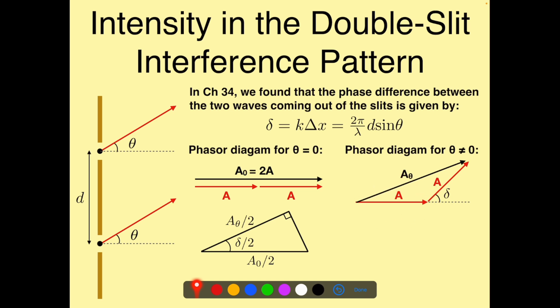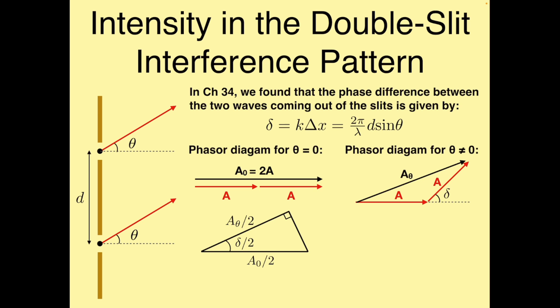But remember, the amplitude of one of those waves is A0 divided by 2. Okay, so in other words, I can replace this side length, which is A, with A0 divided by 2. And then I'll have a right angle over here, and then this angle will end up being delta divided by 2.